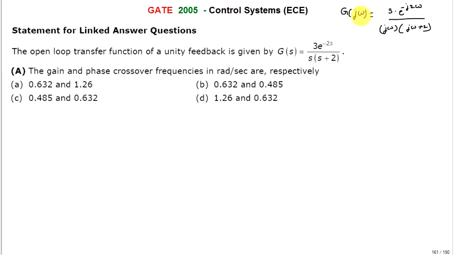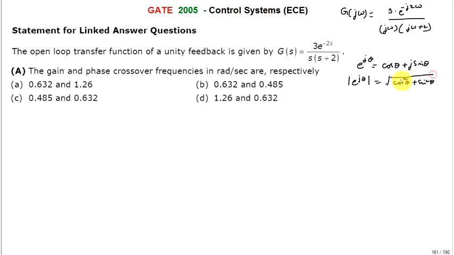For the magnitude, consider the numerator e^(-j2 omega). If you assume e^(j theta), it equals cos theta plus j sin theta. The magnitude of e^(j theta) is the square root of cos square theta plus sin square theta, because for a plus jb the magnitude is the square root of a square plus b square.